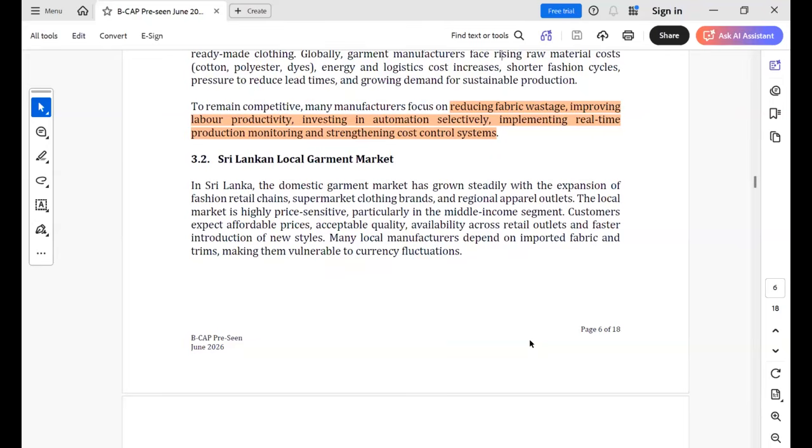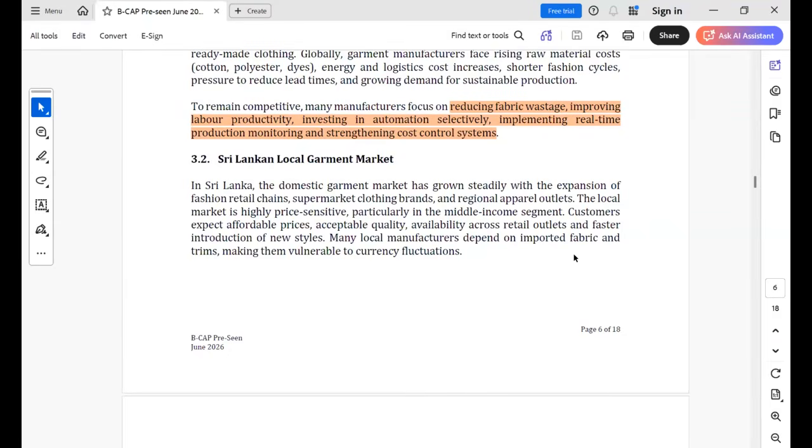When you go to the city, you will notice there are many apparel shops, some famous and some even temporary. If you go to Maharagama, there are many, though those are not famous, but in the main cities there are famous retail outlets.